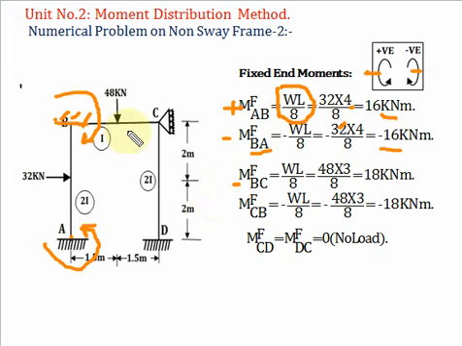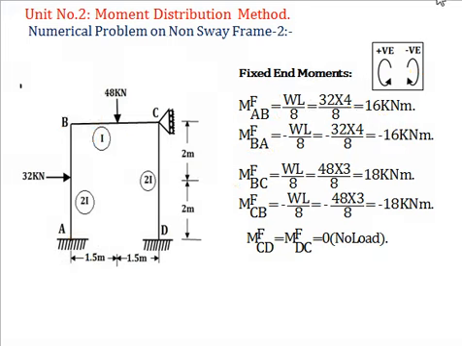For span BC, the point load is acting at the mid span, at a distance of 1.5 meter from either side. Let's consider B and C as fixed supports and find out the fixed end moment for each end.